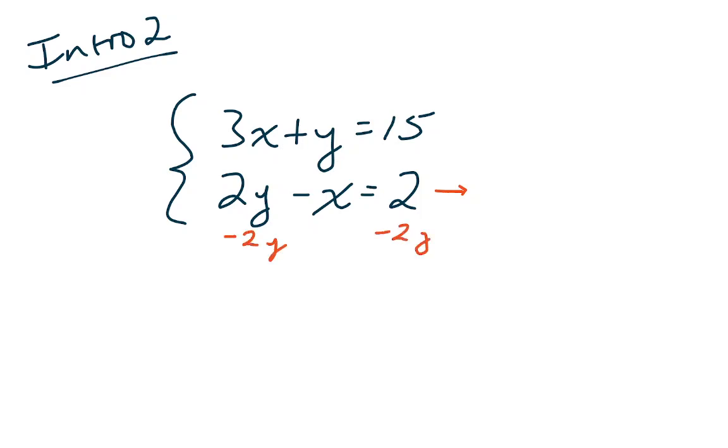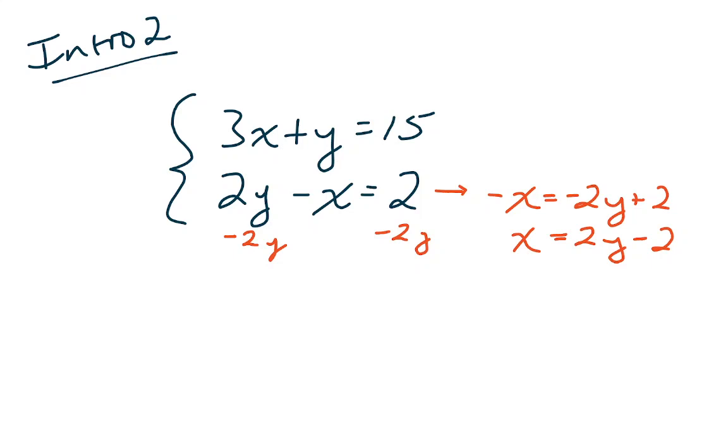So if we subtract 2y from both sides, we get negative x equals negative 2y plus 2. And then since we have a negative x, we can swap that negative sign to the other side, and now we can have x equaling positive 2y minus 2.